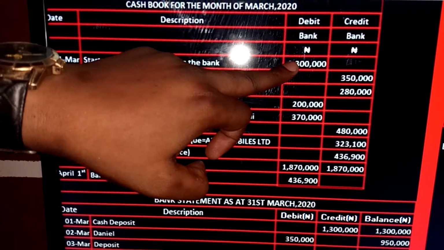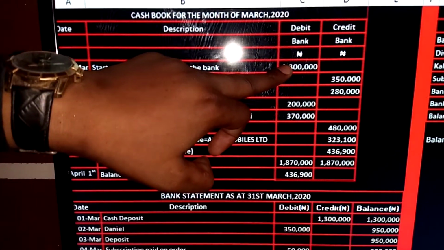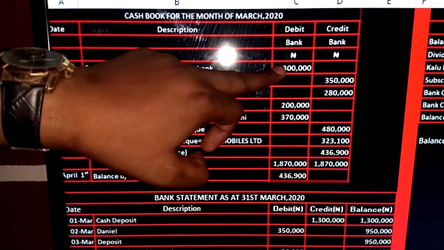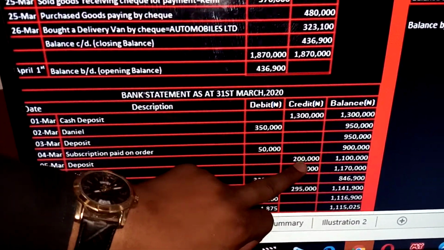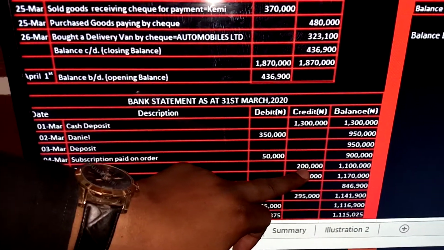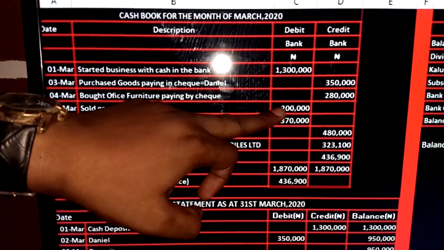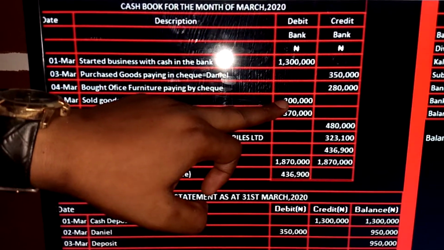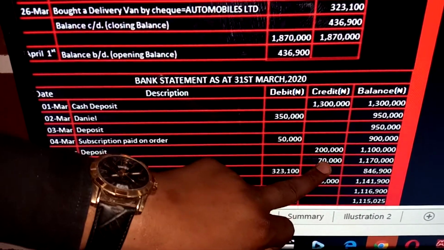So that means it cannot cause a reconciliation difference. So that clears. The next one in your bank statement here is 200,000 on the credit side. Is it in the debit side of the cash book? Yes. So that cannot cause a discrepancy. Cleared.